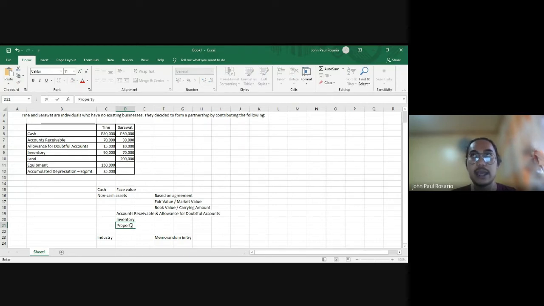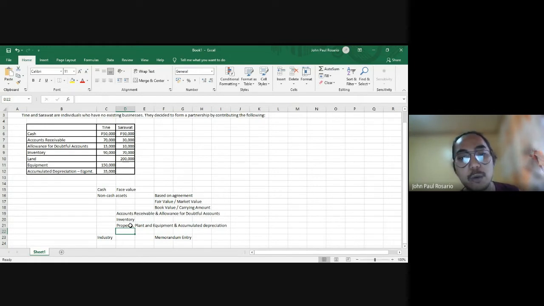So be it land, building, equipment, machinery. Okay, so property, plant, and equipment. Well, we will not have any problem naman with land kay wala man siya accumulated depreciation. But for other PPEs and accumulated depreciation, in comparison to the accounts receivable and allowance for doubtful accounts nga gina-record nimo sila at gross values, for PPE naman and accumulated depreciation, you have to record this one at net amount.